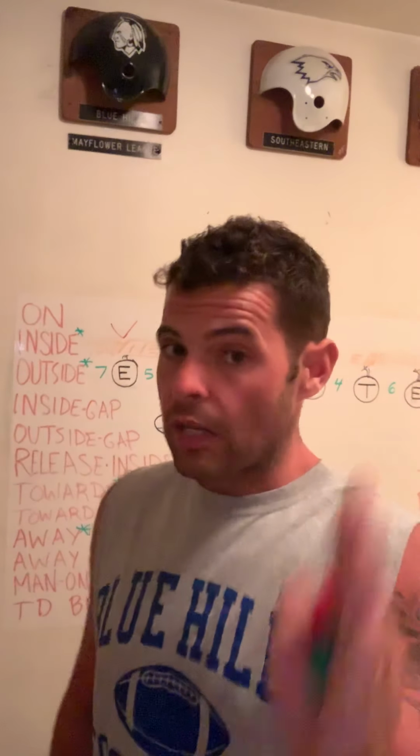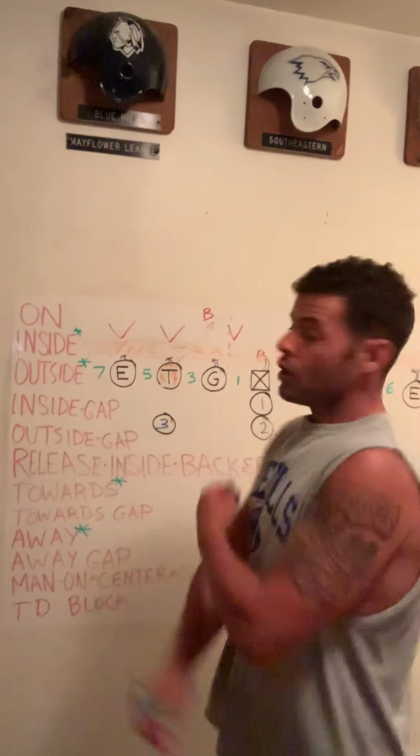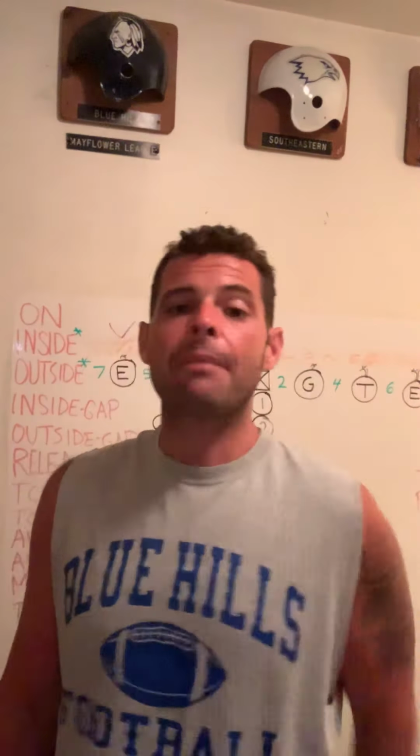Not the parenthesis or non-parenthesis. You figure out where your rule is. There will be multiple assignments in each rule. For example, the rule might be inside, backer. The first assignment is inside. The second assignment, if the first assignment is not applicable, is backer. I hope I'm making some sense.